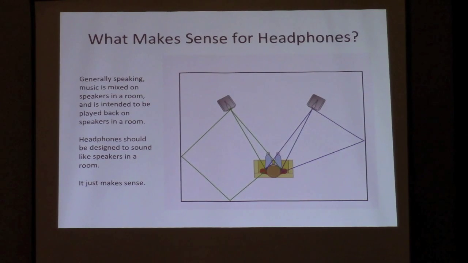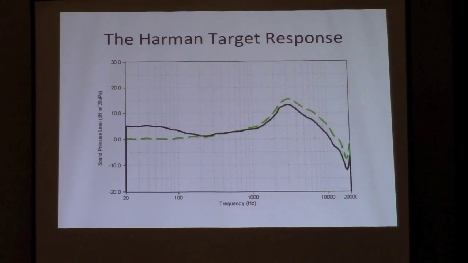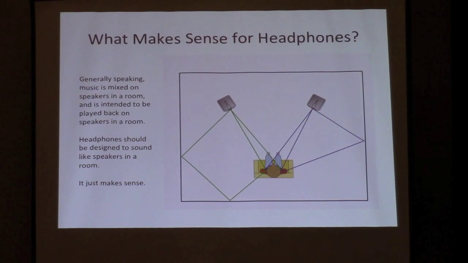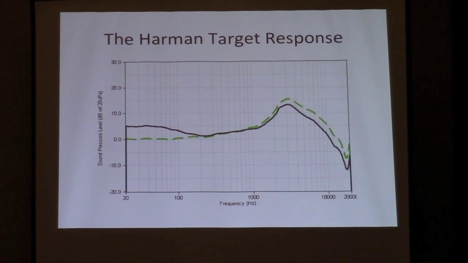Okay, so what makes sense for headphones is speakers in a room, I believe. I've believed that for a long, long time, and I was so happy to hear that Sean Olive believed that as well, and has started doing work at Harman, and came out with the target response curve. So that's the black curve right there. Now, the thing that's important to know is we're trying to mimic speakers in a room. And with speakers in a room, they are not flat anymore. Okay, they are now in a room, and they're going to get boundary gain from the walls.